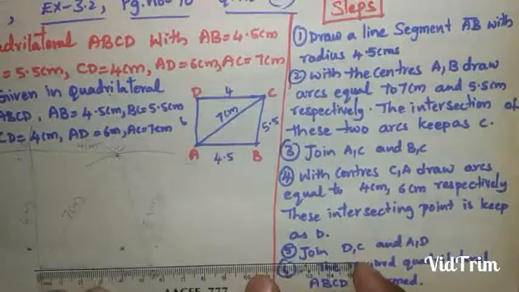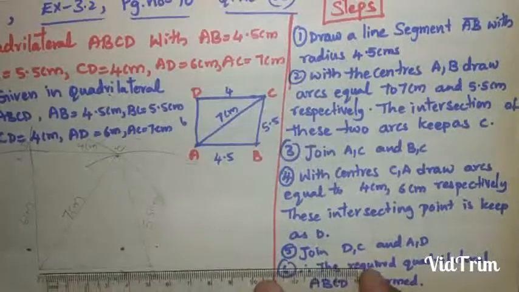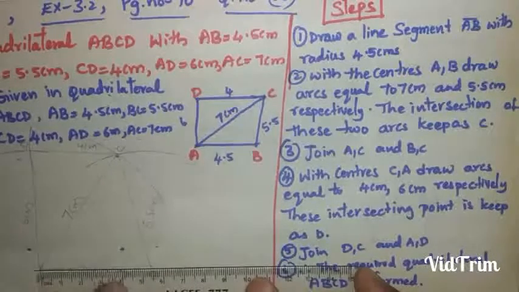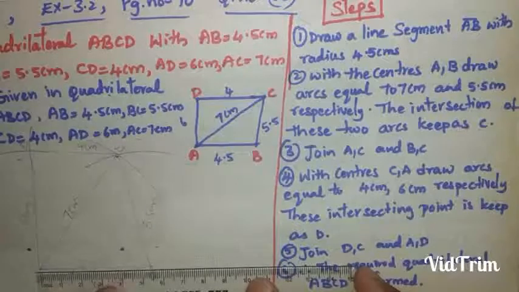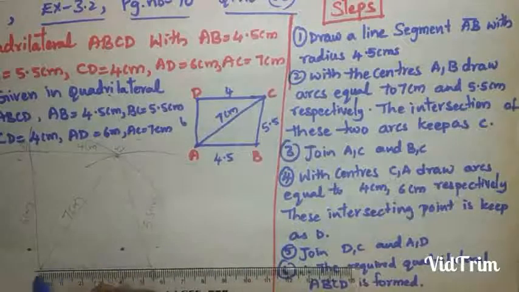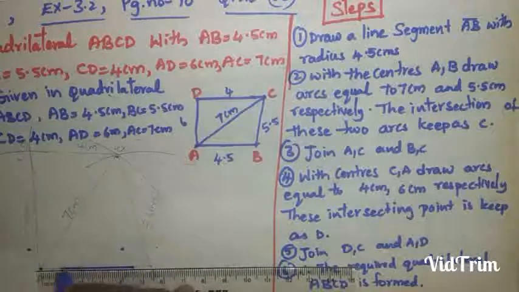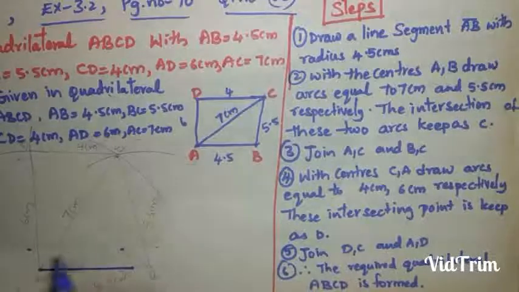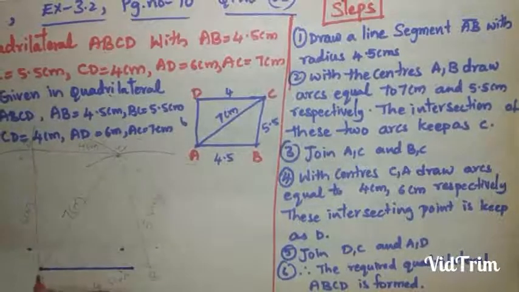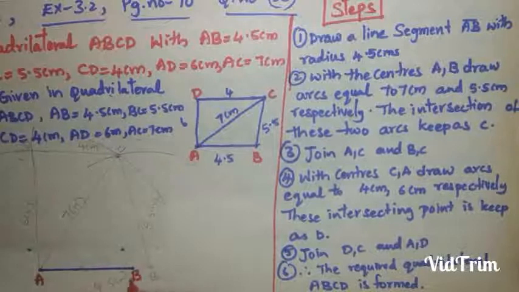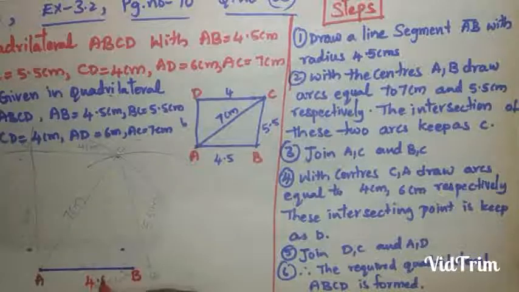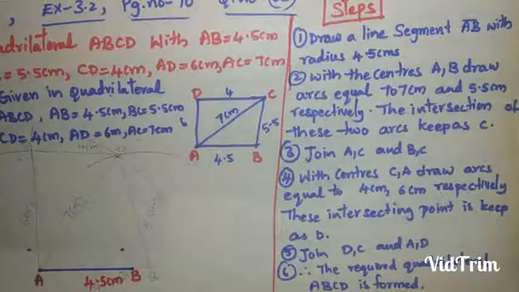Let me keep 2 points: first point on 0, second point on 4.5. Draw the line. This is AB, 4.5 centimeters.